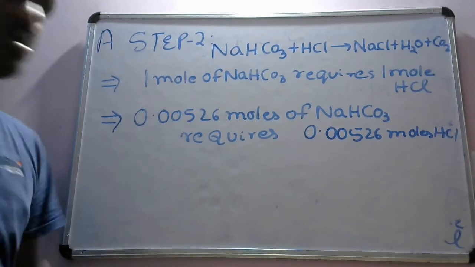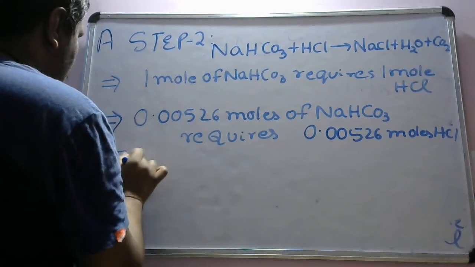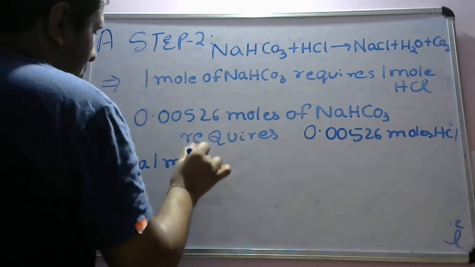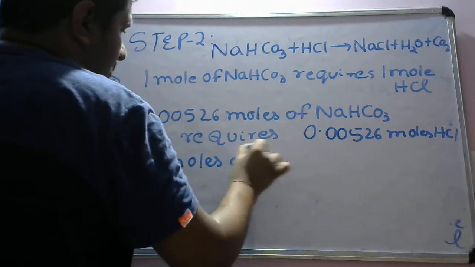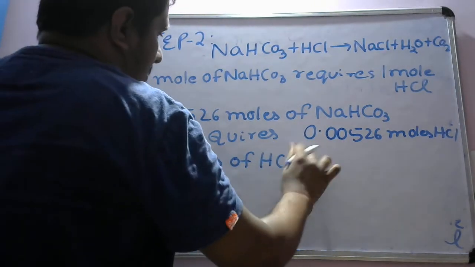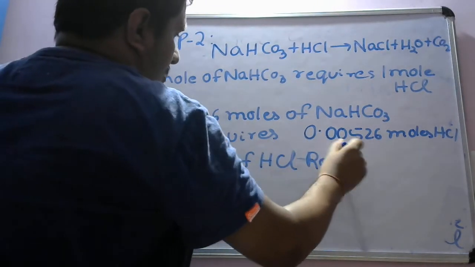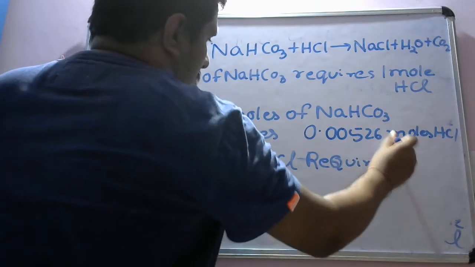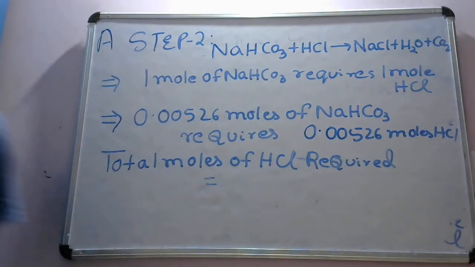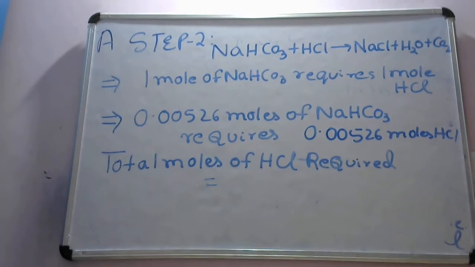Now the total HCl required, total moles of HCl we have to calculate. Since it is reacting in 2 steps, we will add the moles we calculated for Na2CO3 as well as NaHCO3.